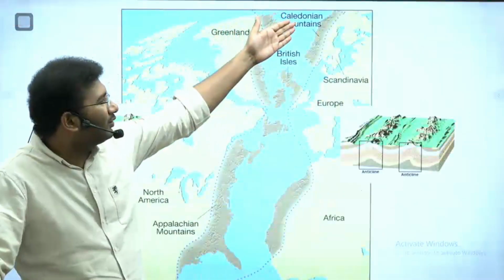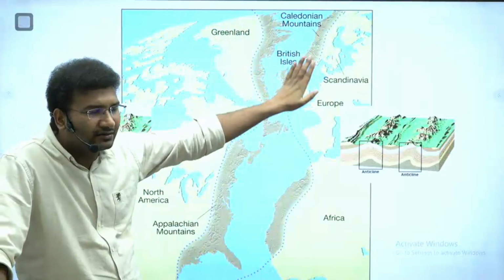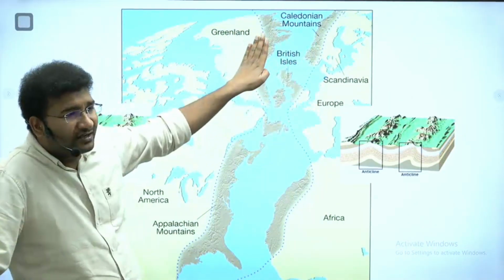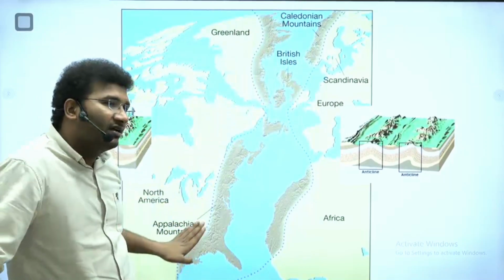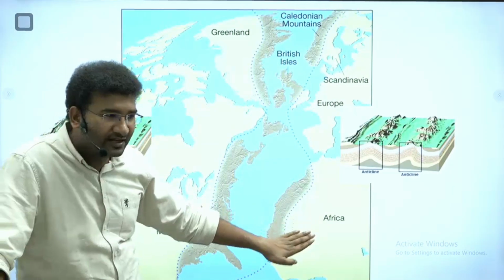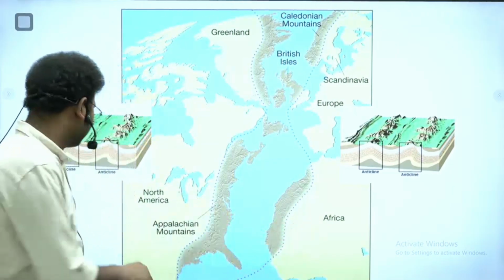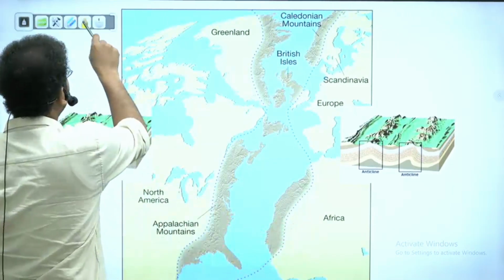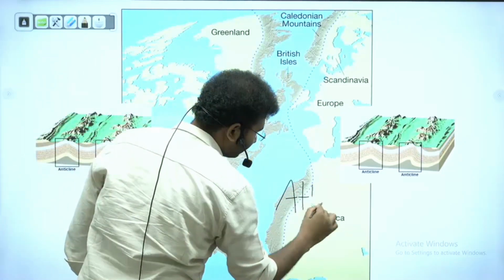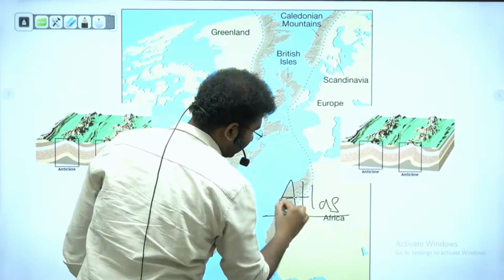See, Caledonian mountains are present in the Scandinavia, which is nothing but Norway. The mountains in the Norway and the mountains in the Greenland, the mountains in the USA and that of the mountains in Africa. What are these mountains in Africa? They are called as Atlas mountains.